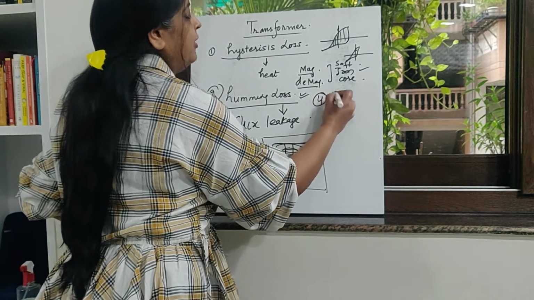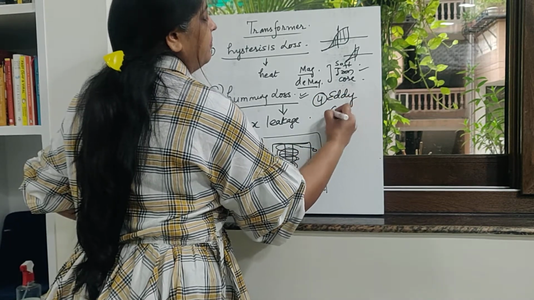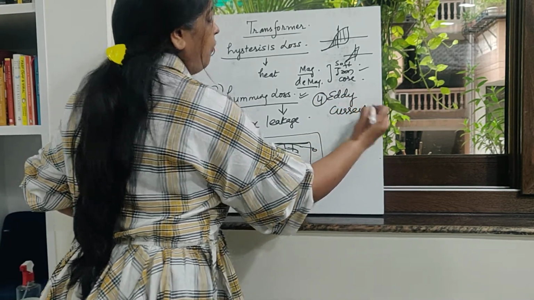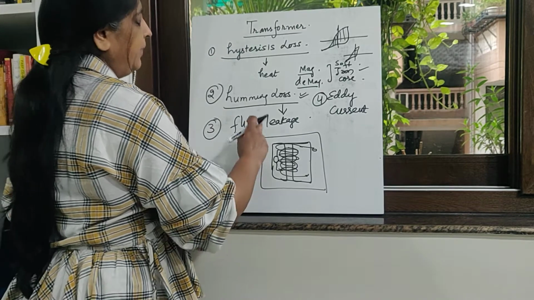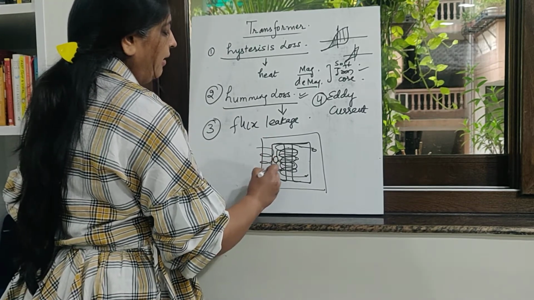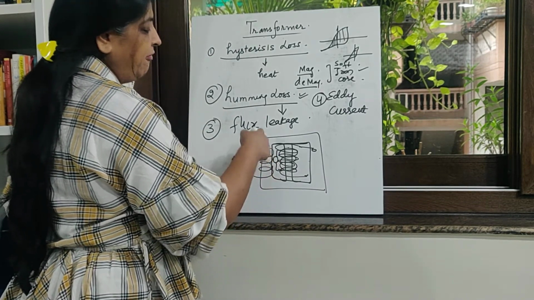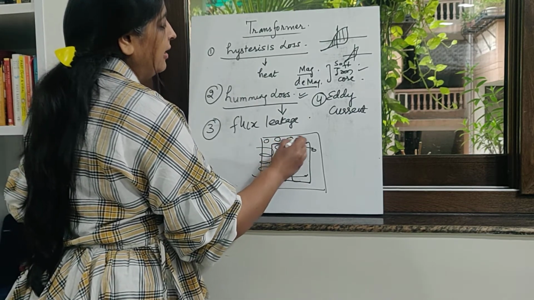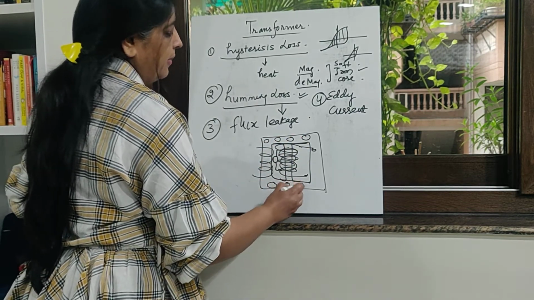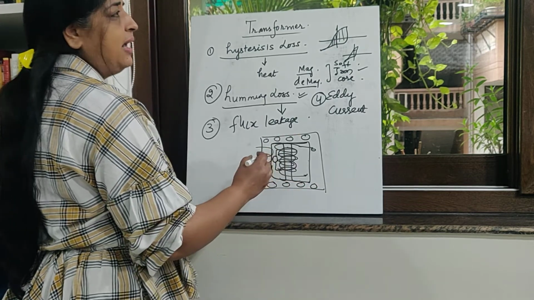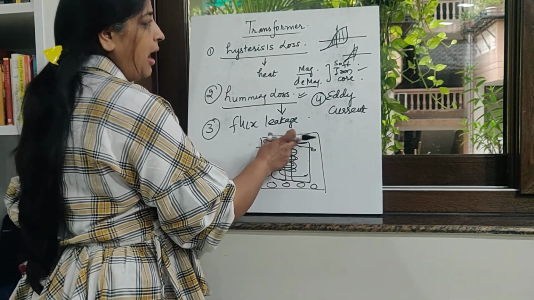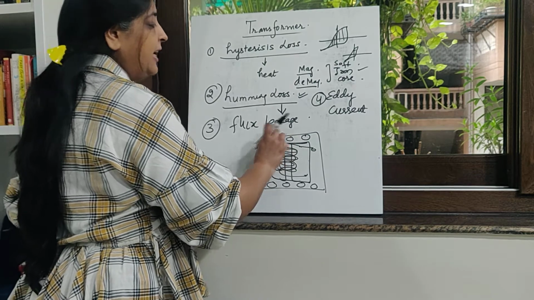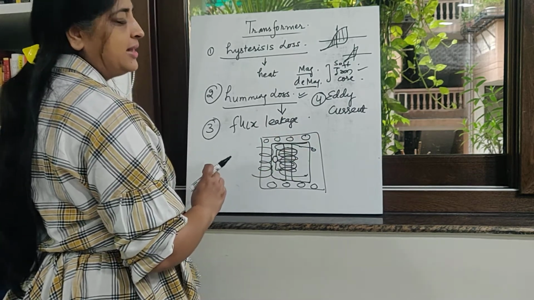Then the fourth important loss is that of the eddy currents. Because of the copper coil over here and the changes in the magnetic flux that are happening here, eddy currents are produced in the core, and these eddy currents are so high in amount that they heat up the core to a very large extent.